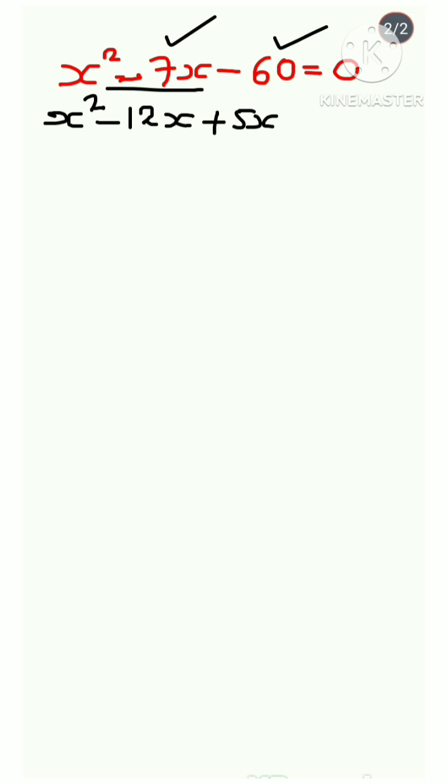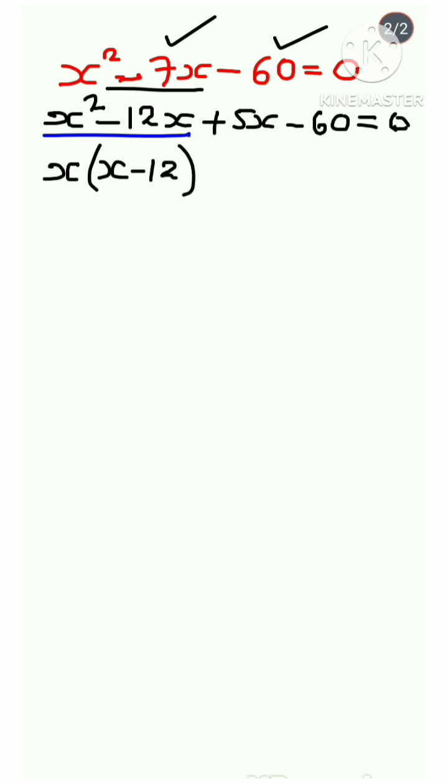And now this minus 60 as it is equal to 0. Now from this pair we can extract x as a common, so here x is common, and here remains x minus 12 plus, and from this pair we can extract 5 as a common.